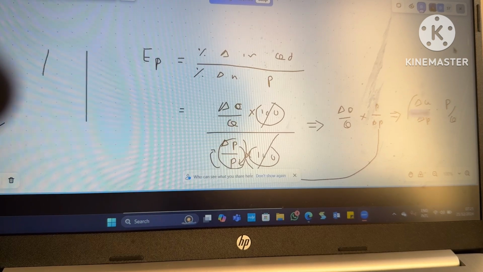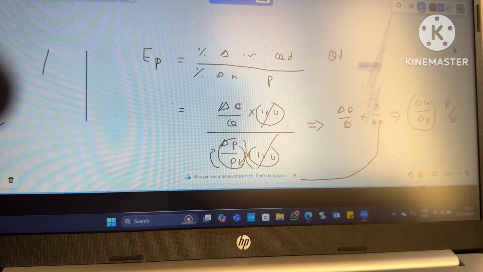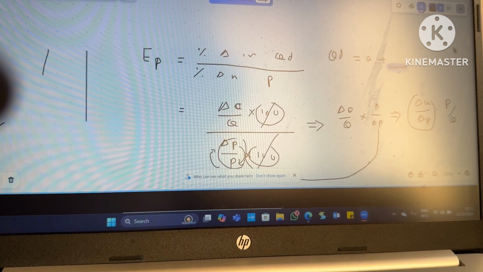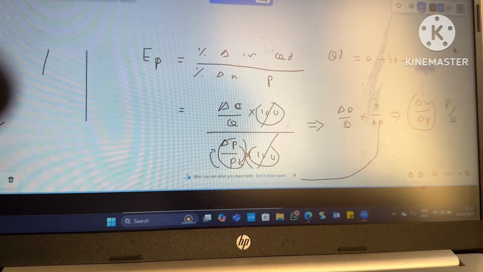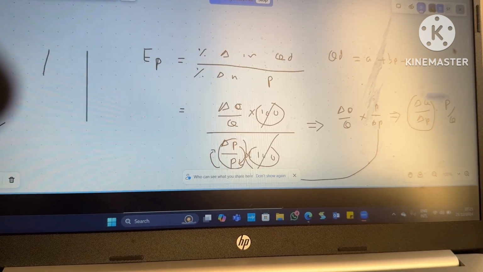So in the demand equation, you remember, I'm summarizing everything now. QD is equal to A plus BP plus CM plus, this is the equation that we use.